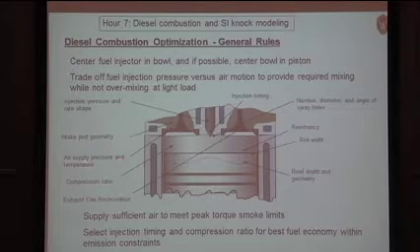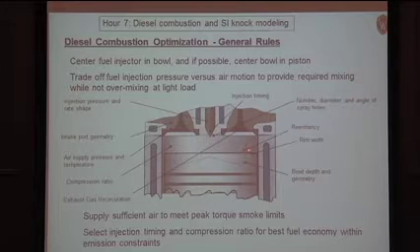You're interested in the boost pressure and whether you use a charge air cooler to get the temperatures under control when the intake valves close inside the combustion chamber. Compression ratio is a design parameter that's important. How much exhaust gas you recirculate to try to dilute some of the incoming air. In terms of the injector itself, when do you inject the fuel? What size injector nozzle holes should you use? And what is the best orientation of the spray angle?